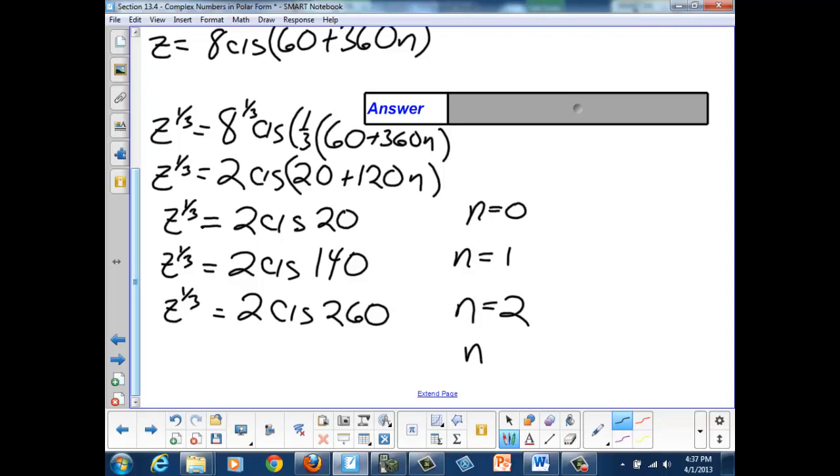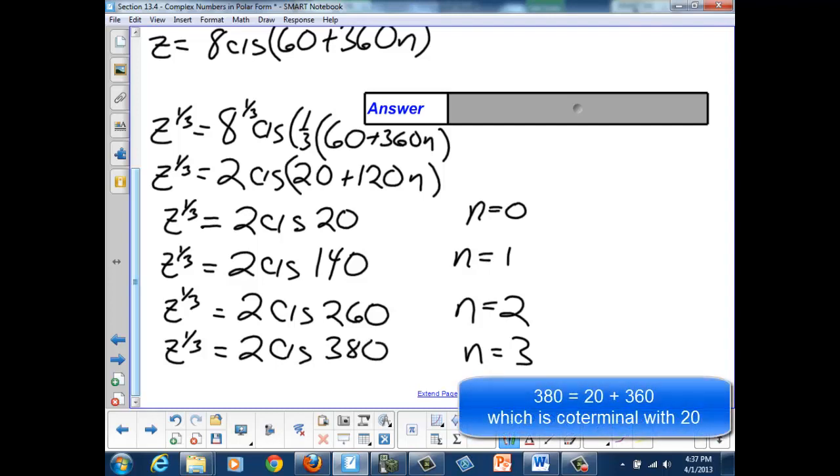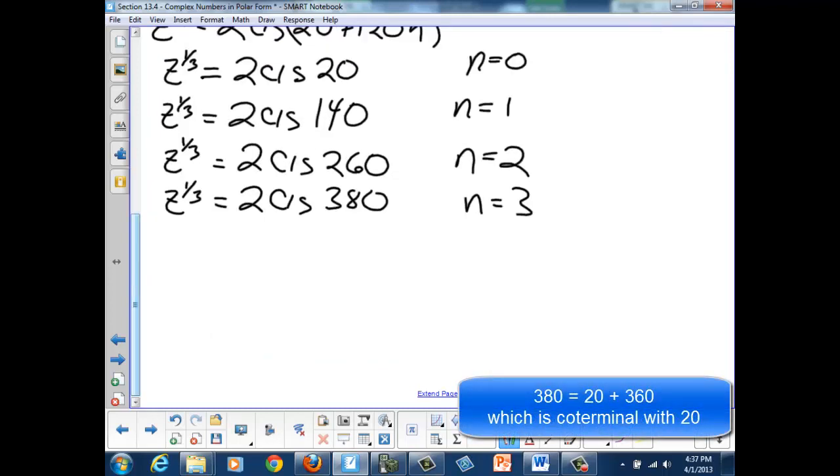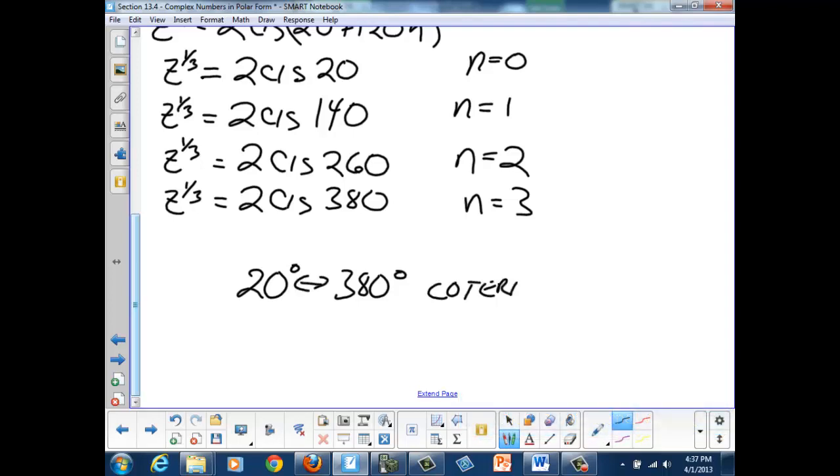If I add another value of n, I end up with 2 cis 380. But if you'll notice, 380 degrees and 20 degrees are coterminal. They're actually both in the first quadrant. And I'll get continuous coterminal angles after this if I keep adding n values. But these three original values, 20, 140, and 260, are unique.